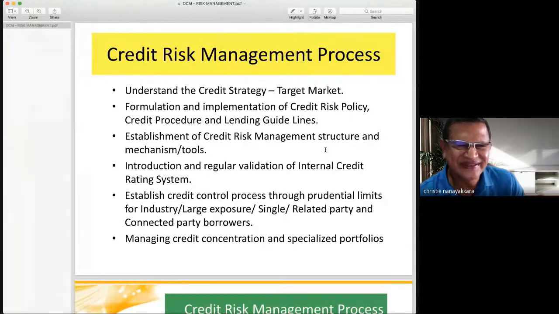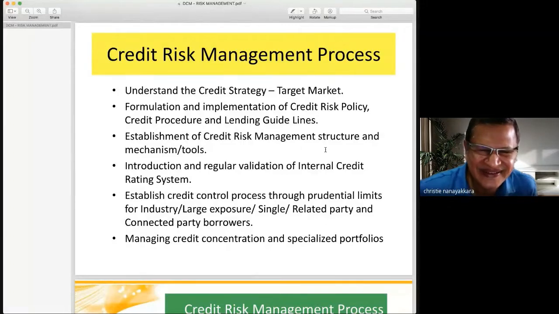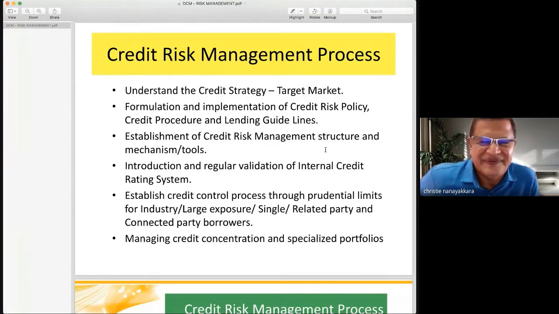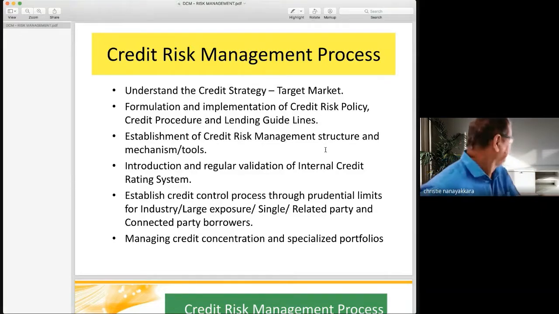They need to understand the credit strategy of the bank. Credit strategy means, as I told you, if you put all the eggs in one basket, without diversified credit, you concentrate on one type of credit, and if that fails, the concentration risk will apply and you will have a problem.